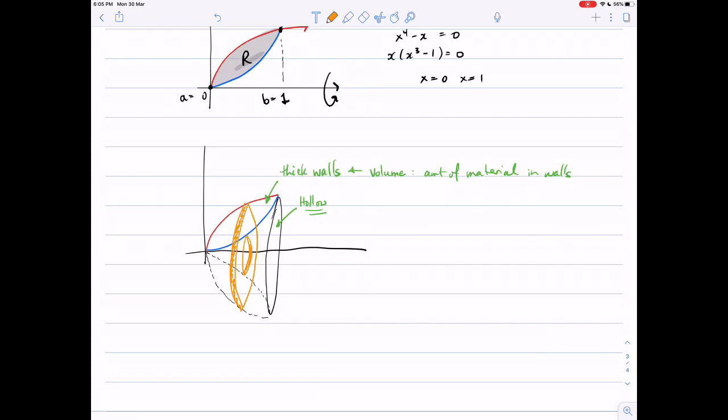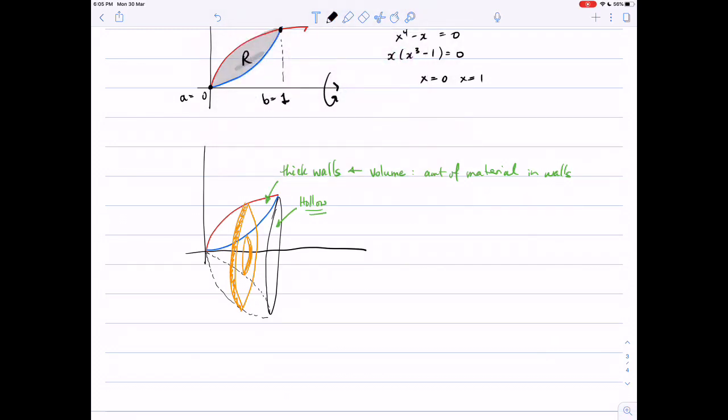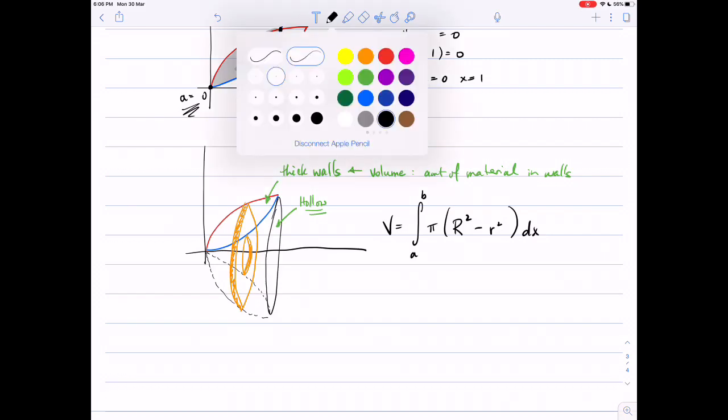And we want to use the memory aid version of the formula, that the volume is going to be the integral from a to b of pi times the big radius squared minus the little radius squared dx. So we've already figured out that our a is 0, right? We had that up here. Our b is 1. So what is the big radius?